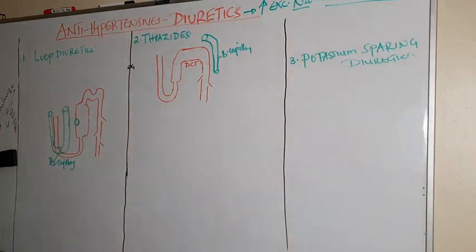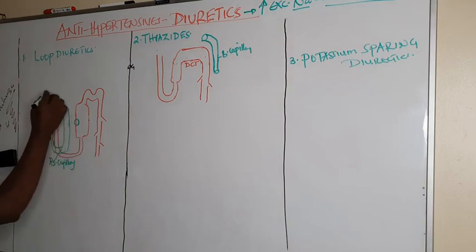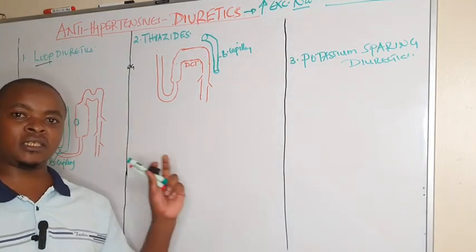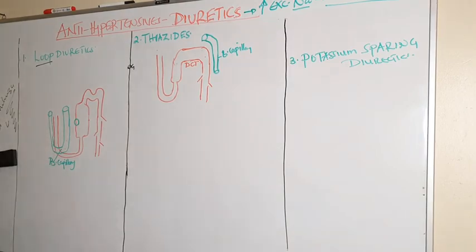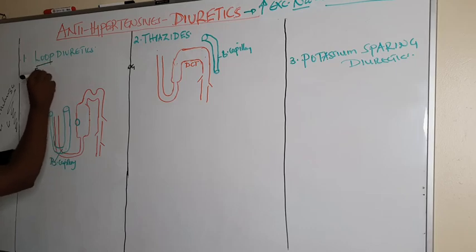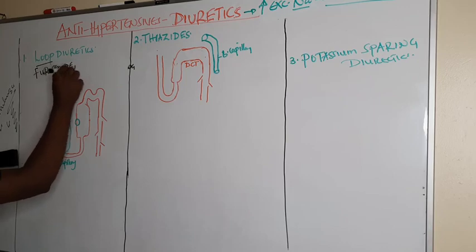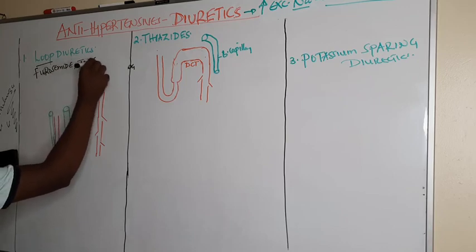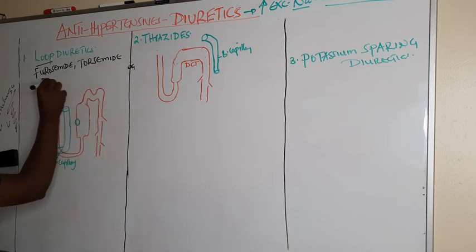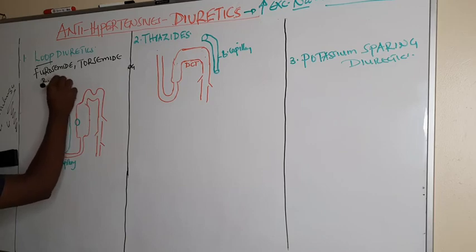So we are looking at the loop diuretics. These loop diuretics act in the loop of Henle, as their name suggests. Their action is in the thick ascending limb of the loop of Henle. Examples include furosemide, torsemide, and bumetanide.